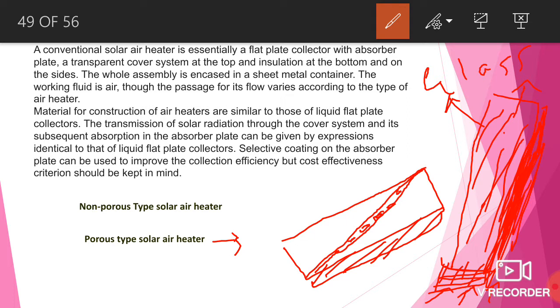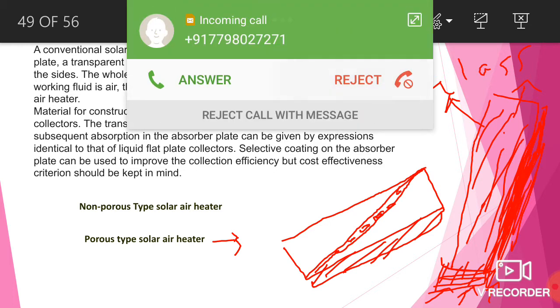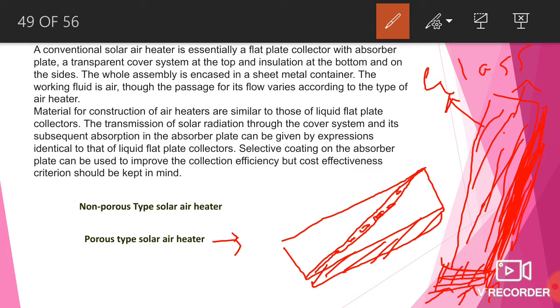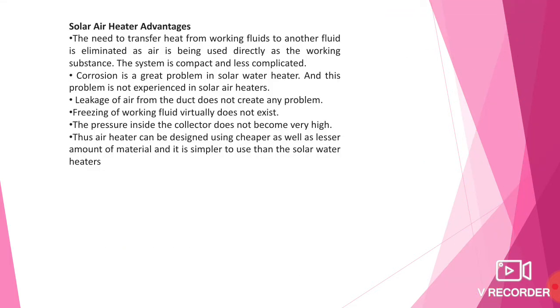Solar air heating utilizing a transpired honeycomb is also very favorable from the pressure drop standpoint since the flow cross section is much larger. So, this is about the non-porous type solar air heater and the porous type solar air heater.